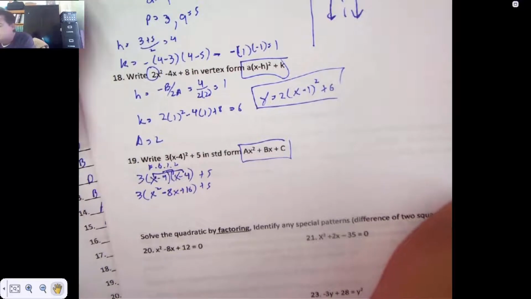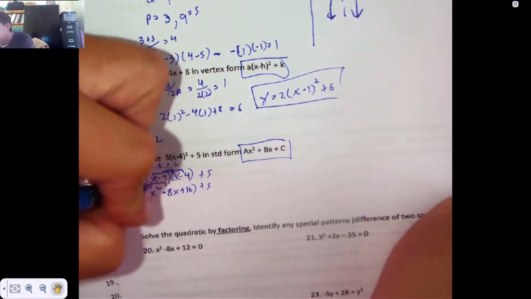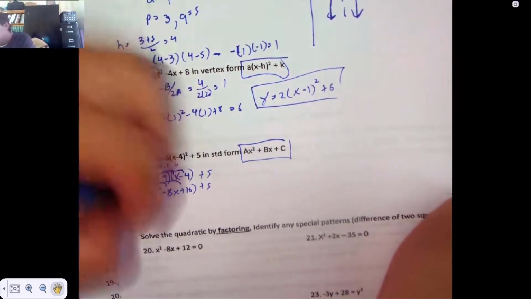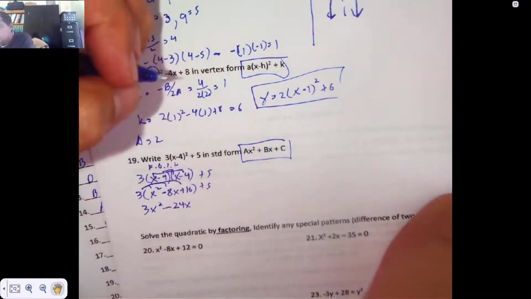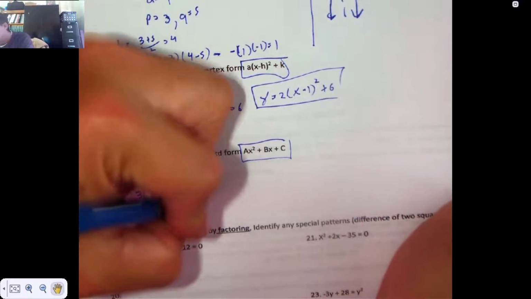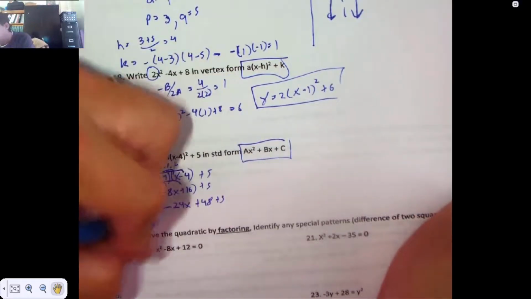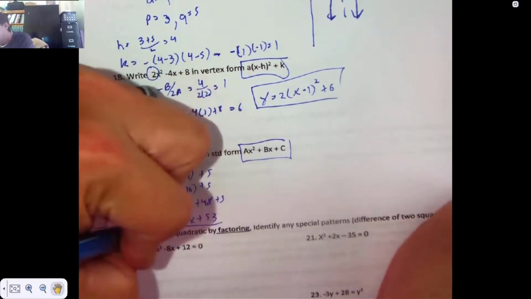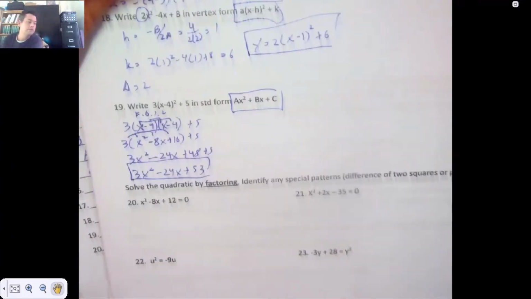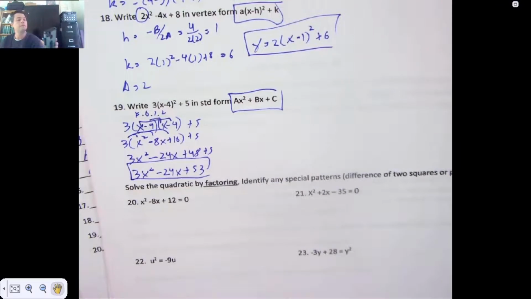The 5 needs to be saved for dead last because you've got to handle all this multiplication first. Distribute my 3: 3x squared minus 24x plus 48. Then add 5. 3x squared minus 24x plus 53 should be my final answer for standard form.